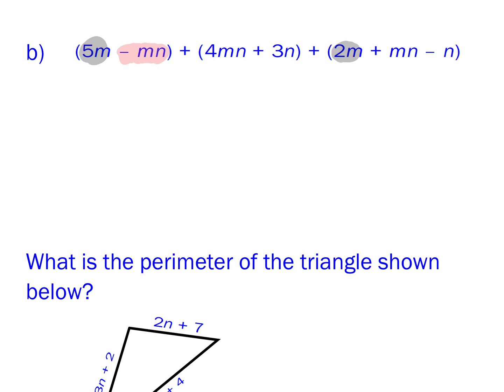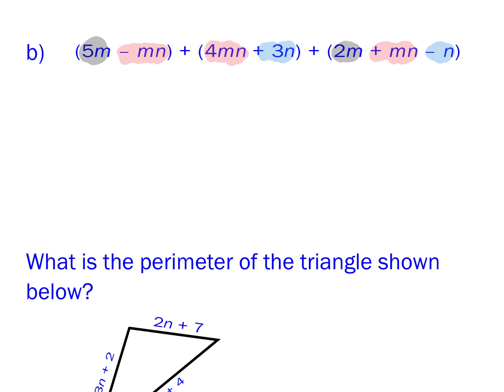Where's a like term for negative mn? 4mn and positive mn. So 3 of those are like terms. We only have 2 terms left. 3n and minus n, are those like terms? Yeah. You betcha. So positive 3n and minus n.